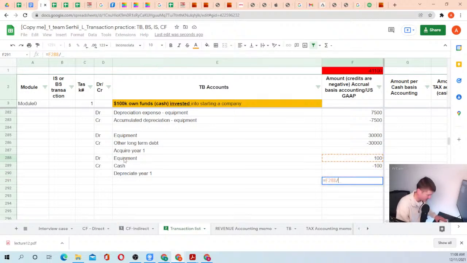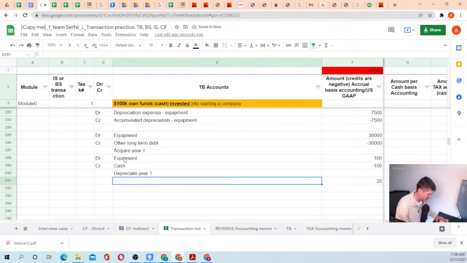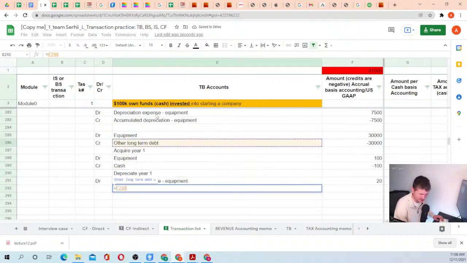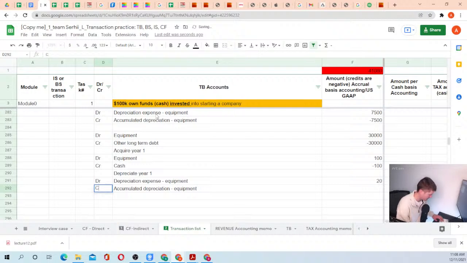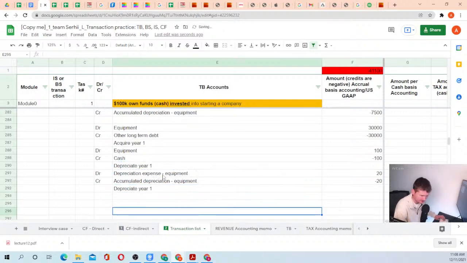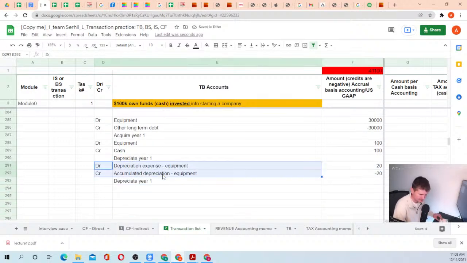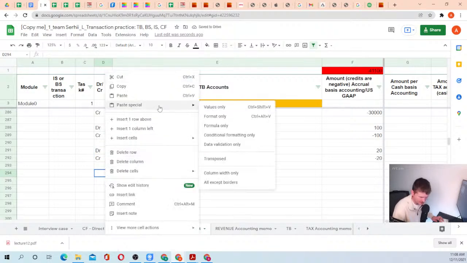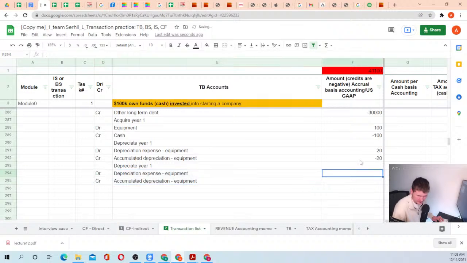So that is, and we have depreciation expense equipment debit, and credit would be accumulated depreciation. And we can move on. So we will have depreciation year 2. And it will be basically the same for year 2.